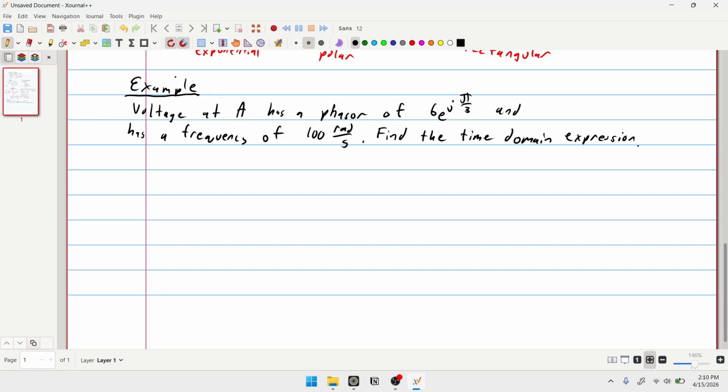So we have 6e to the j pi over 3, and we also have a frequency of 100 radians per second. Let's just plug them into our cosine formula, which is A cosine of omega t plus phi.